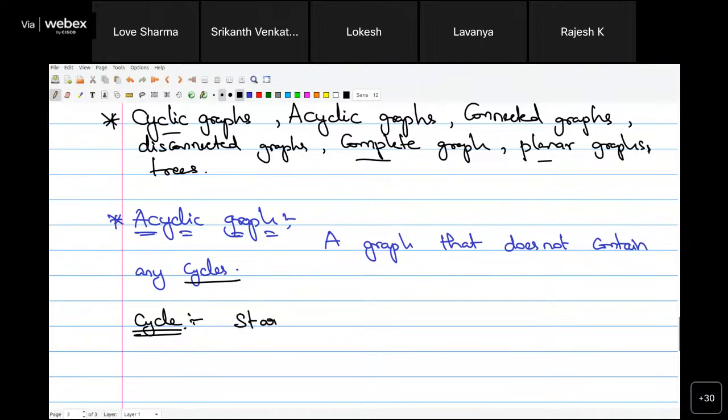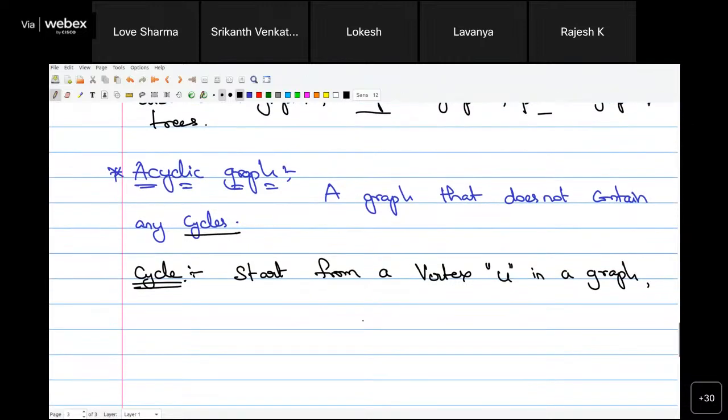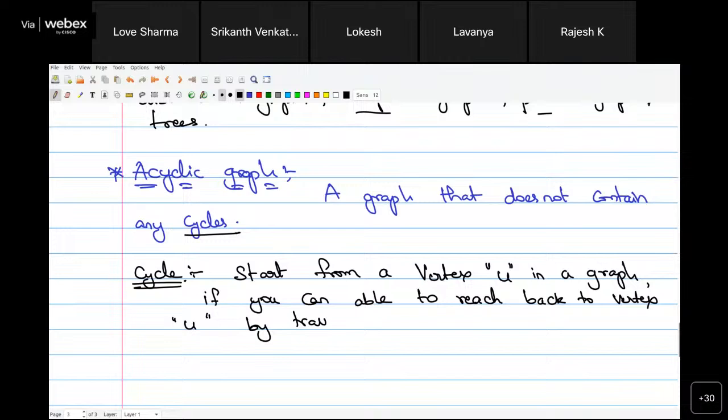When you start from a vertex, from any vertex, let me say it is u in a graph, if you are able to reach back to vertex u by traveling along some edges and vertices, then that is called a cycle. Then the path is called a cycle.